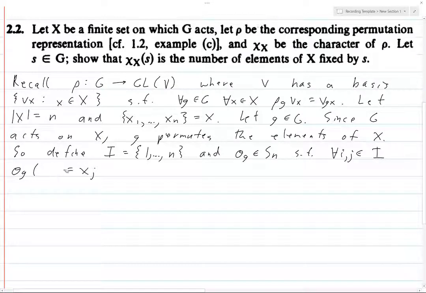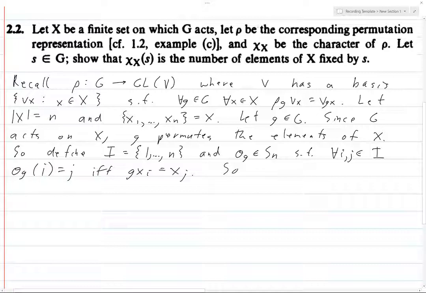No, this should be sigma g of i equals j, because Sn is the permutation of n letters, so we're only looking at the letters here. But sigma g of i equals j if and only if g xi equals xj. So this permutation is basically telling us how g is permuting the elements.